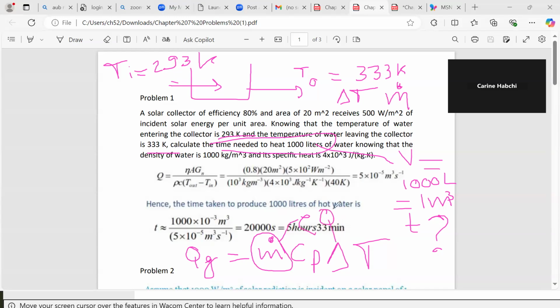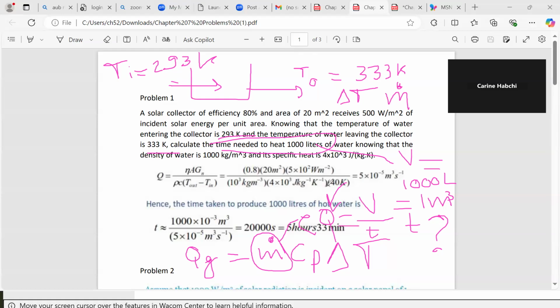So if I get Q from energy balance, because what is Q gained? It's the heat gained from the solar collector. So if I do a heat transfer analysis, I can find what is Q. And once I find the Q, I say that this Q is equal to volume over time, V over T.